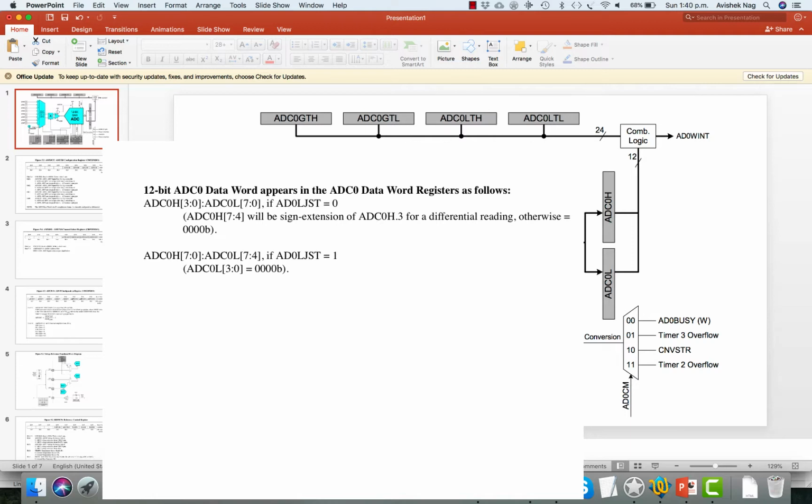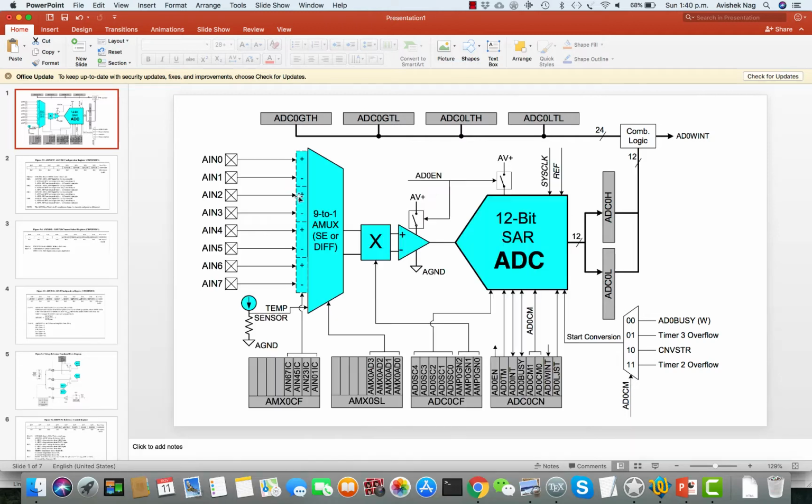So basically in this lab what you have to do is, in your input 2 you have the potentiometer voltage, and if you change the voltage of the potentiometer by rotating the knob, then the ADC output will change, and the ADC outputs should be connected to the 4 LEDs that you have in your chip.